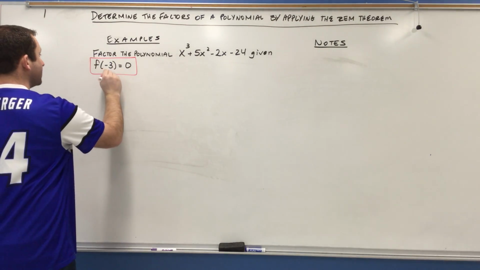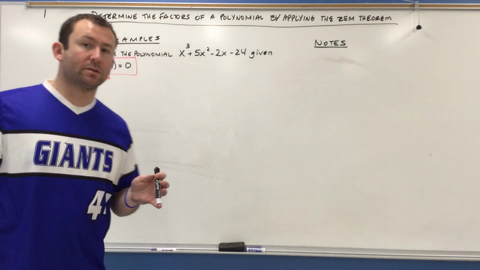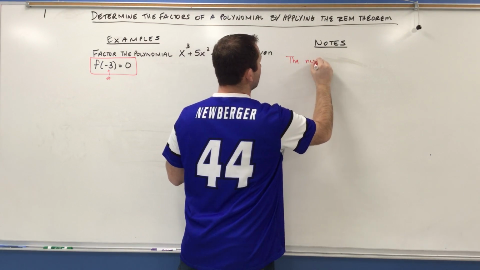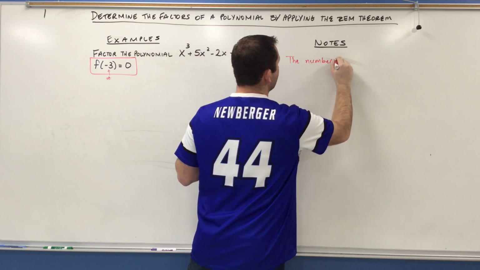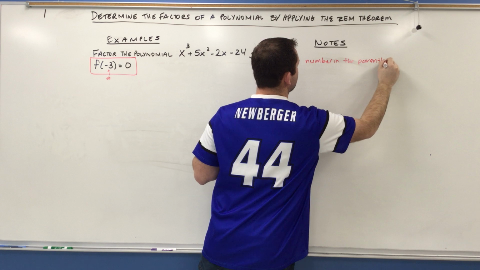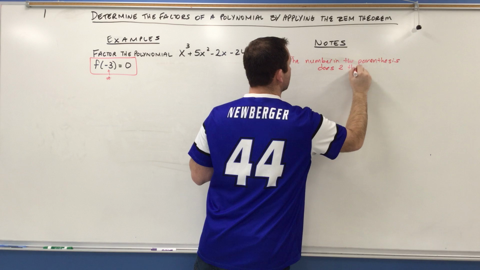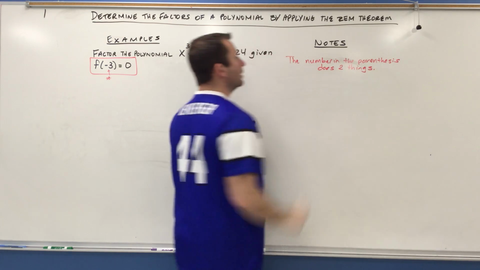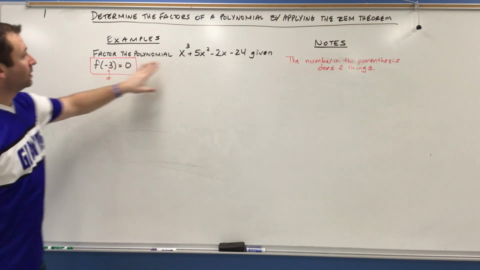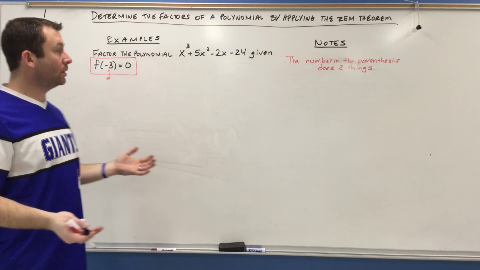Okay? This number in the parentheses does 2 things for us. The first thing it does is it actually gives us one of the factors of this polynomial, okay, without doing really much work at all, okay?